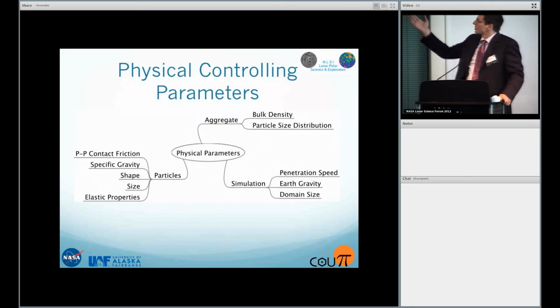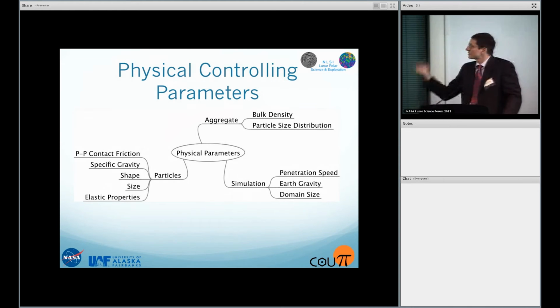Then you also have physical parameters assigned to the regolith, like bulk density and particle size distribution. You can also change different simulation parameters and see how they affect the simulations. We did a lot of testing, and we can control these parameters in the DEM.